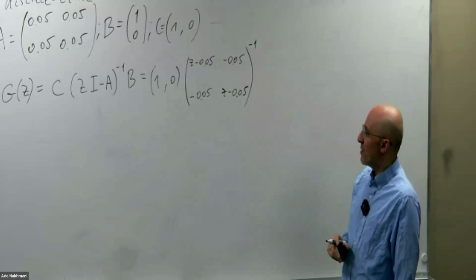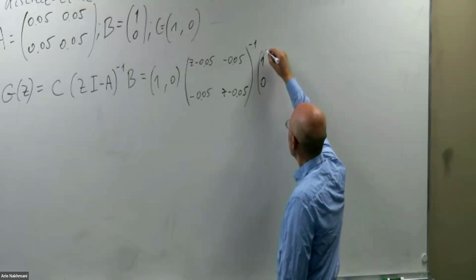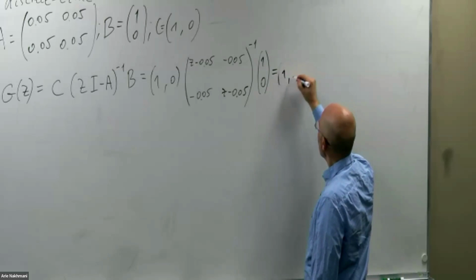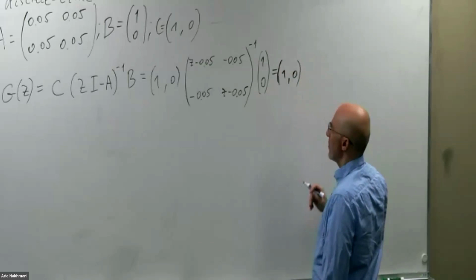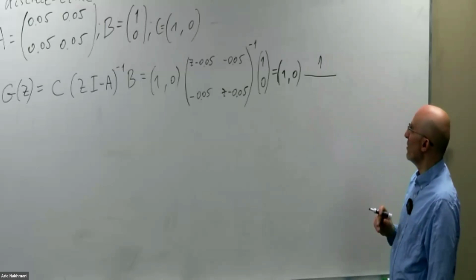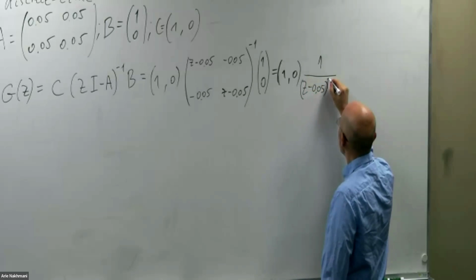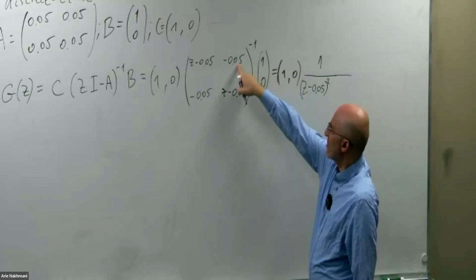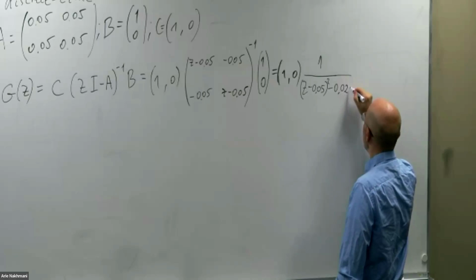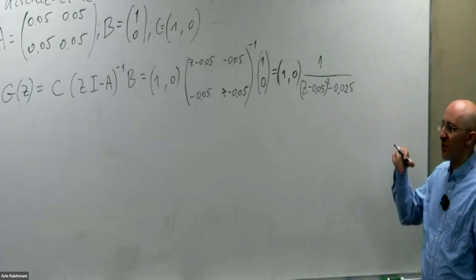This is Z times I minus A, and times 1, 0. So it will be 1, 0 times 1 divided by the determinant of that matrix, which will be Z minus 0.05 squared, minus this one times this one, which would be 0.05 squared.